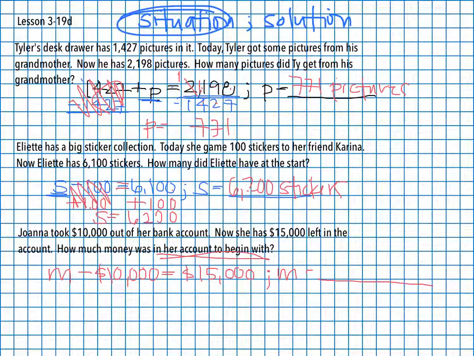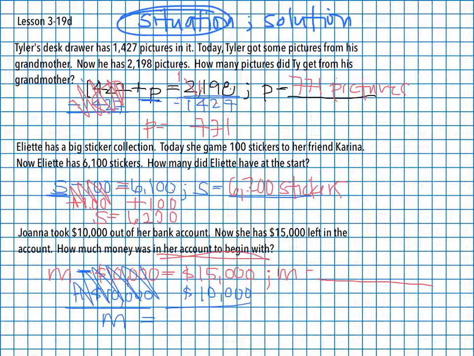So let's go through this process. What's the opposite? How do we get rid of minus $10,000? Well, we need to add $10,000. Whatever I do on one side, I have to make sure I do it the same on the other. So I'm going to add $10,000 to this one. Now again, when I do this math, these are going to cancel out, and now all I'm going to be left with is M. And now let's solve here.